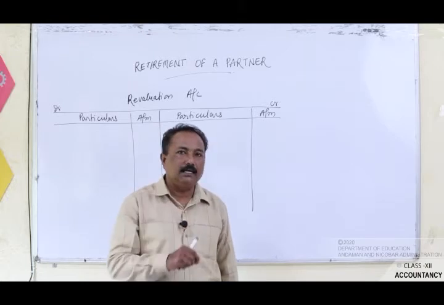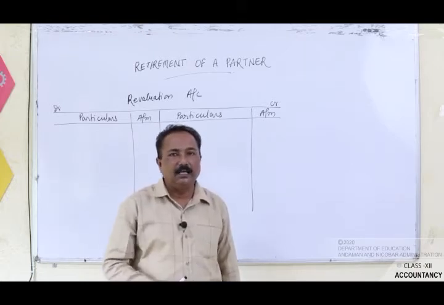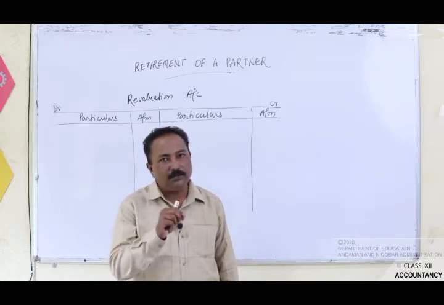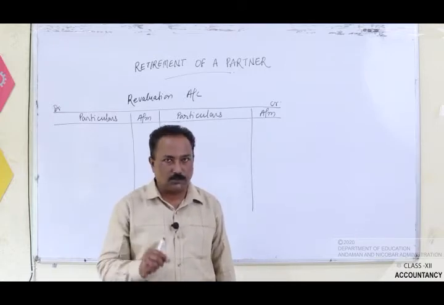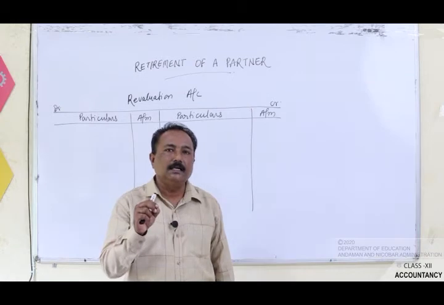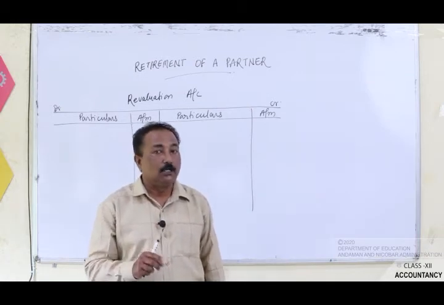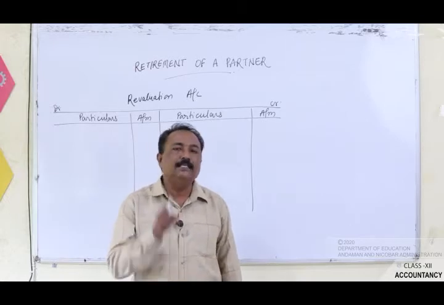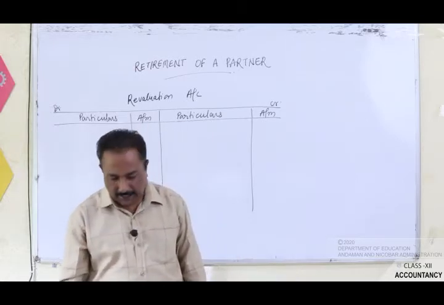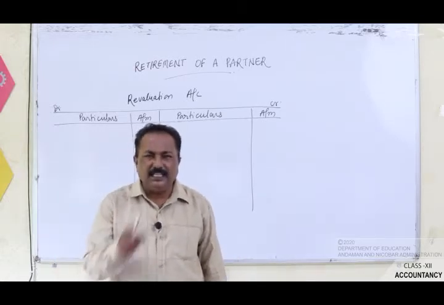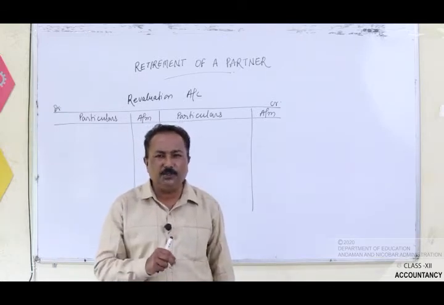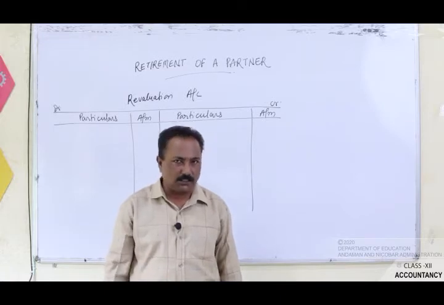See what is the value of debtors given in the question. It is rupees 45,000. You have to calculate 10% of 45,000. So it will be rupees 4,500. So the new provision for doubtful debt which we have calculated is rupees 4,500, and in the old balance sheet provision for doubtful debt is given to you as rupees 5,000.